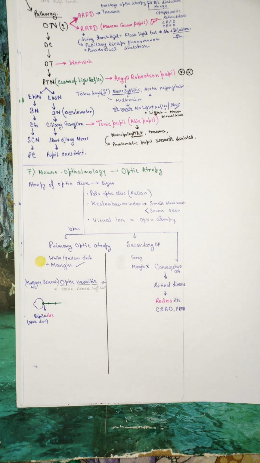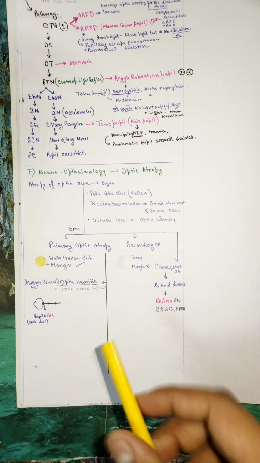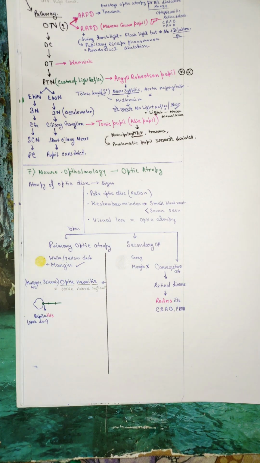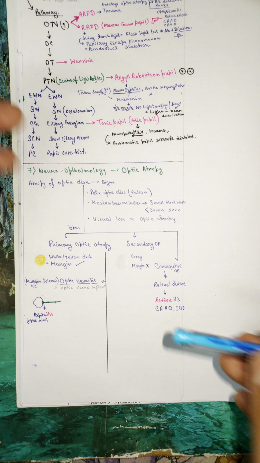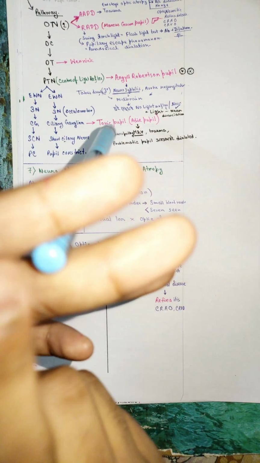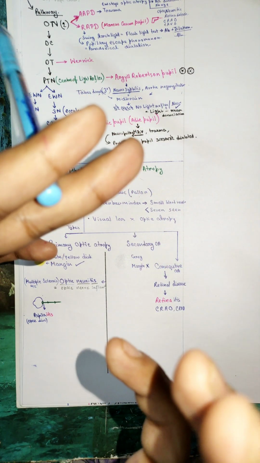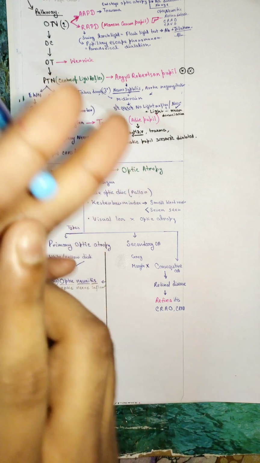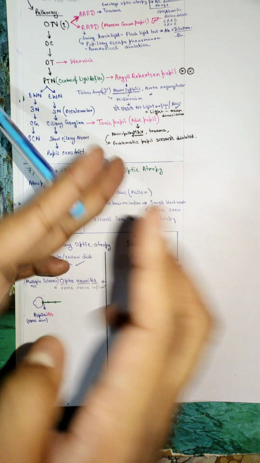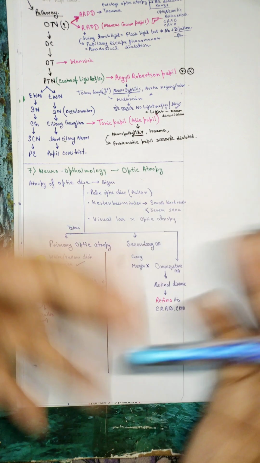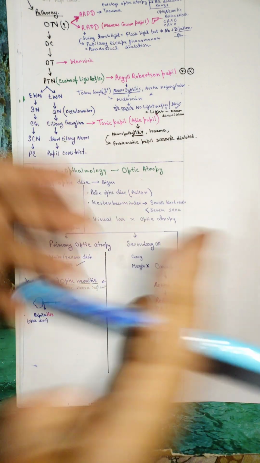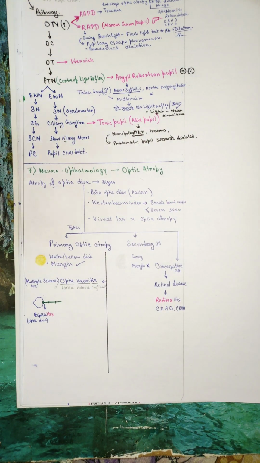As a clinician, I can only see the optic disc part by looking through the eyes. I cannot see the remaining part because it is inside the skull. I have to use other ways to see it, and I can see that indirectly, not directly.